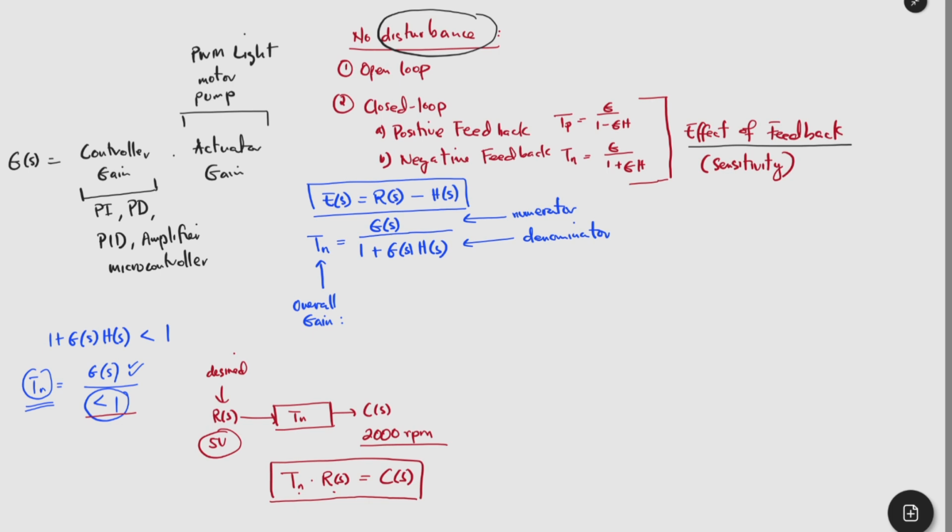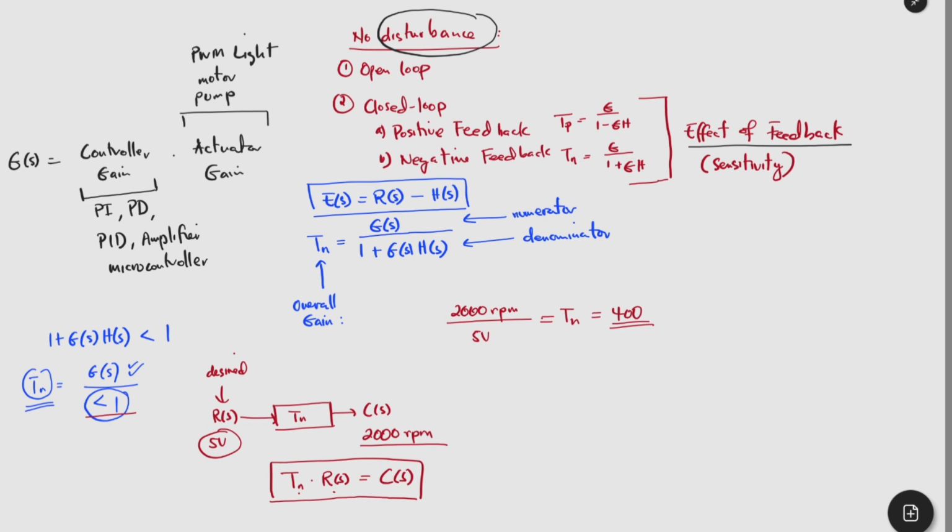Therefore, to achieve this, we can have 2000 rpm divided by 5 volts. Now we should be able to get the value of the transfer function, and we can say the overall transfer function is equivalent to 400.